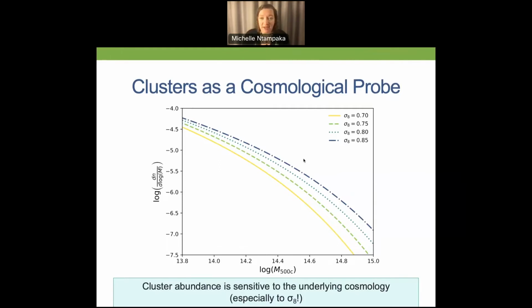And for high sigma 8, here I'm showing that in the blue dash dotted, you'd see a much larger abundance of clusters. So it's really sensitive to the underlying cosmology. So the game is, if we can measure the abundance of clusters as a function of their mass, we can use that to constrain cosmological parameters.